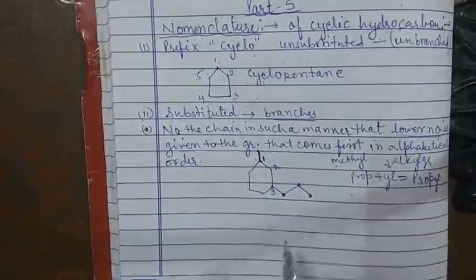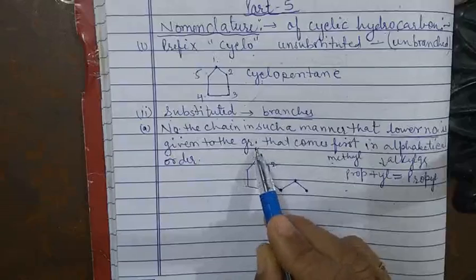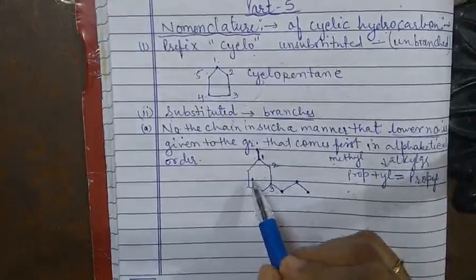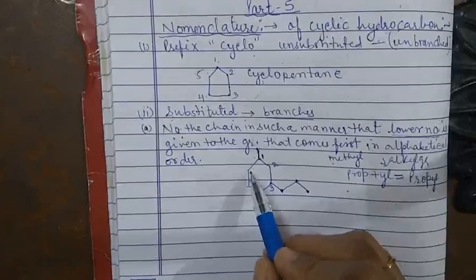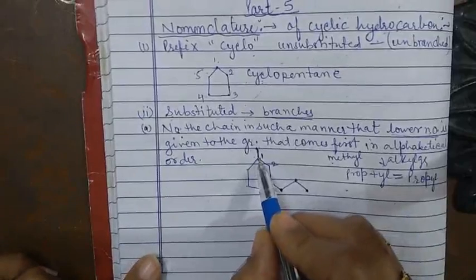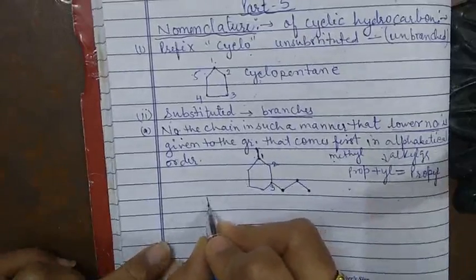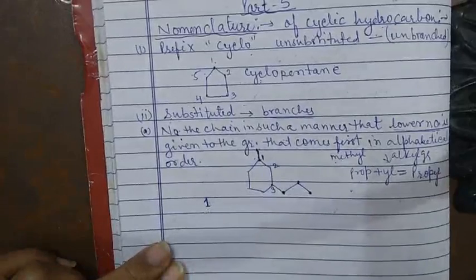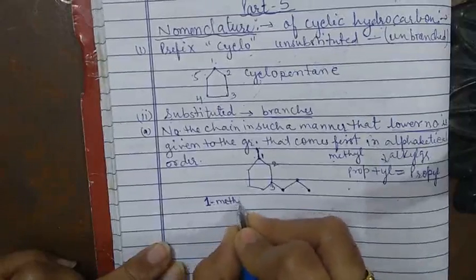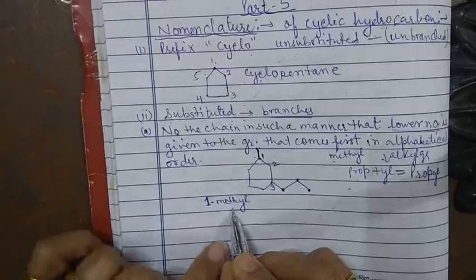So the name of the compound is, first of all, mention the position of the alkyl group. The position of the alkyl group means mention the number of that carbon atom in which the alkyl group is present. That carbon atom where the alkyl group is attached is carbon 1. So this one is 1-methyl.